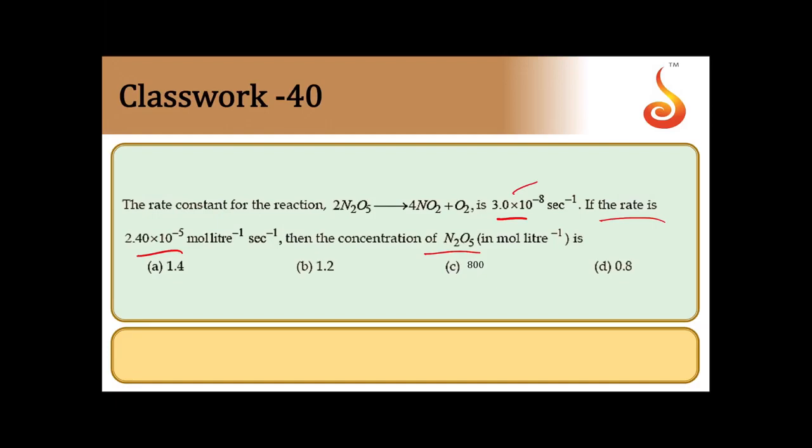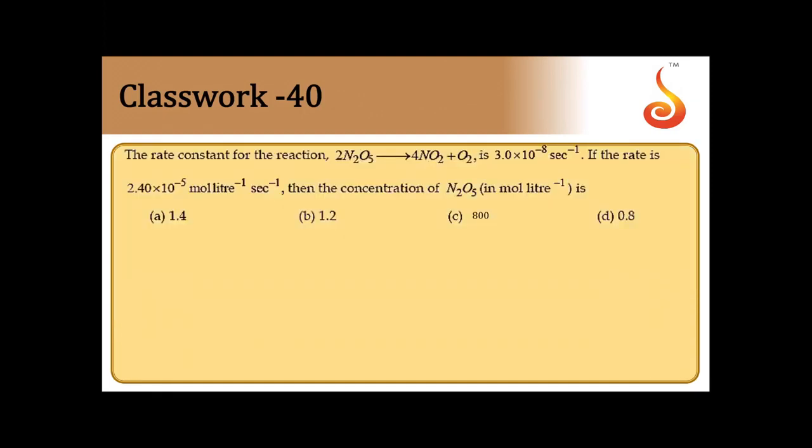You are observing the units of the rate constant, seconds inverse, which means it follows first order kinetics. Therefore, I am writing the rate here as 2.4 × 10 to the power of minus 5, which is equal to the rate constant k, 3.0 × 10 to the power of minus 8, into the concentration of N2O5.